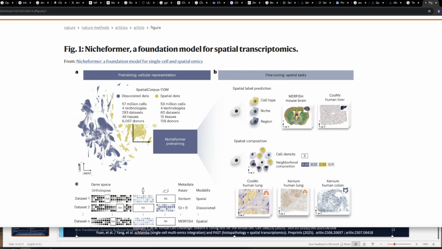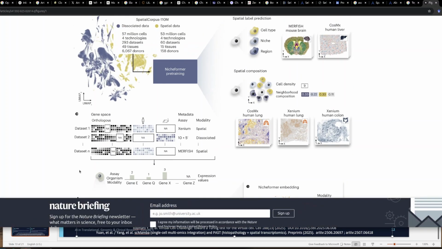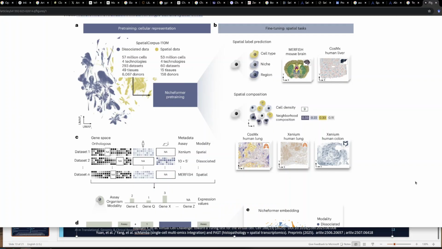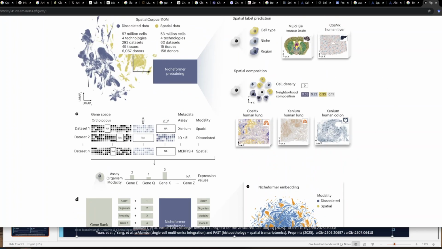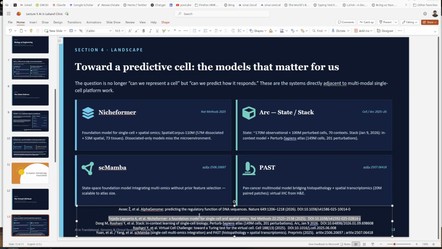Nicheformer, a foundation model for spatial transcriptomics. You can see this is a beautiful one. Spatial transcriptomics after Atera from 10x Genomics is getting quite a boost. So this adds a lot of things to our context. You can see this associated spatial, a beautiful one. I'm happy to discuss anything if you guys have questions.